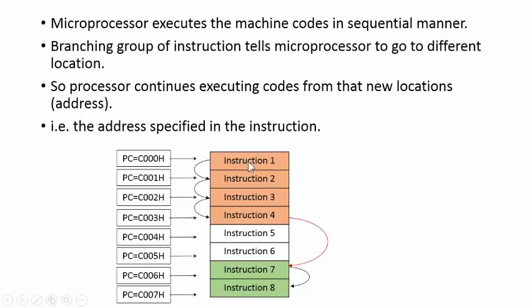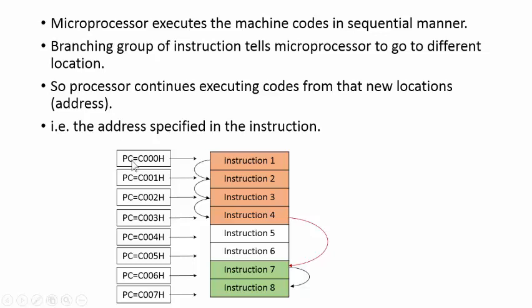That means depending on the execution of instruction 1, instruction 2, instruction 3, the program counter gets incremented by 1. Initially, suppose the program counter holds C000 hex. The size of the program counter, you know very well, is 16-bit, and it holds a 16-bit memory location.